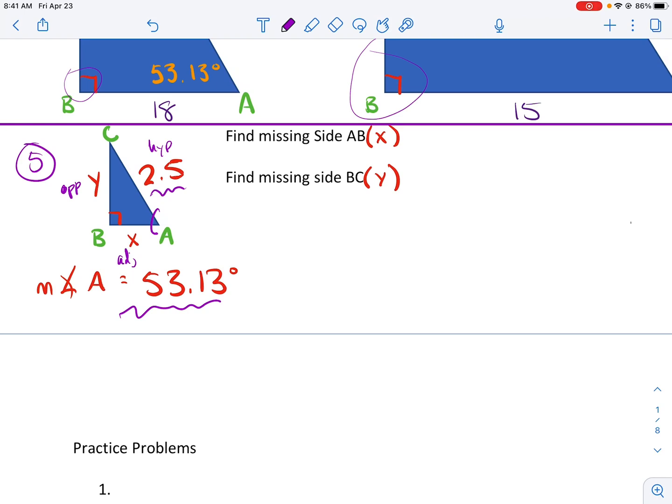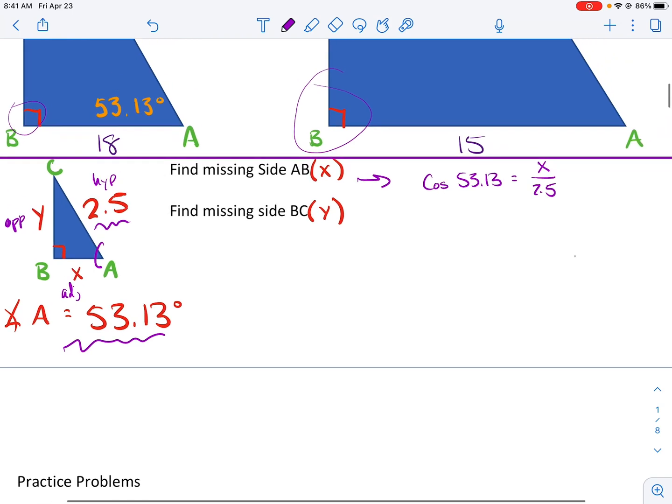To find AB, we need the trig ratio that involves my adjacent and hypotenuse side. So this one is going to be the cosine of 53.13 is equal to our adjacent, which is x, all over 2.5.